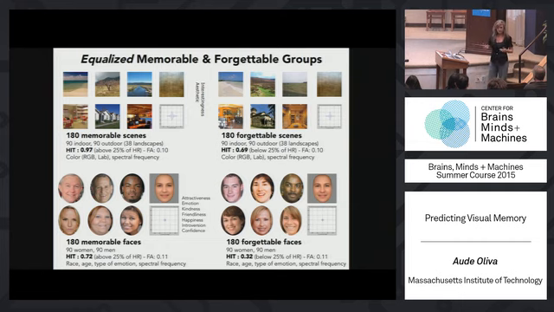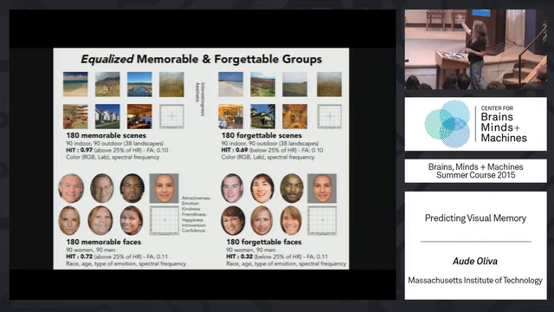So in that study for the brain, we equalized for that because we had enough images. Here you have a sample of the two groups and the type of statistics we look at. The two groups, for instance for the scenes, were equalized in terms of the type of category you had: outdoor, indoor, beach, landscape, house, kitchen, and so on, as well as a collection of low-level features.